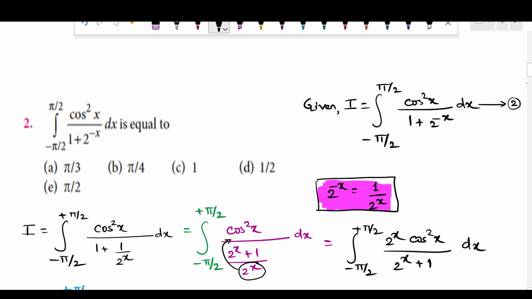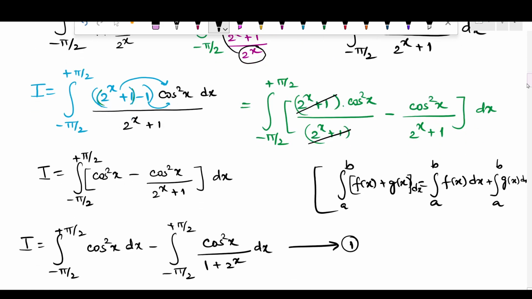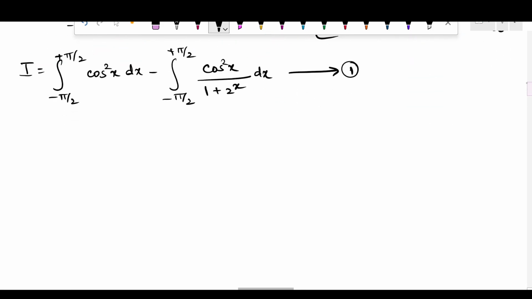Now if you add 1 and 2, let me write for you the equation number 2. This will be the integral from minus pi by 2 to plus pi by 2. This was the original question, right? This was 2 to the power x cos square x upon 1 plus 2 to the power x dx.